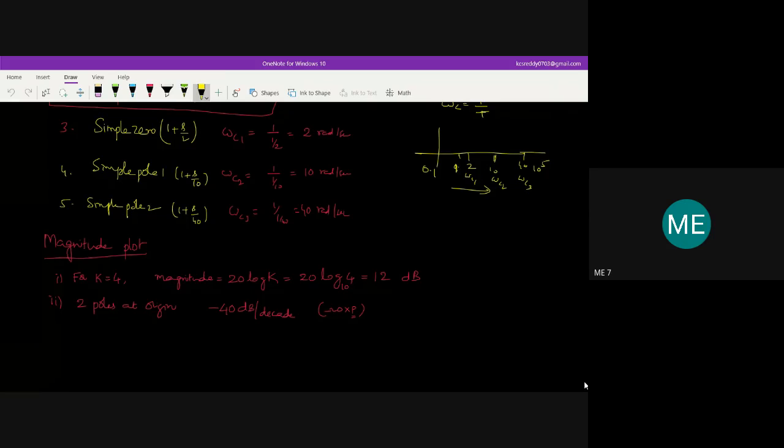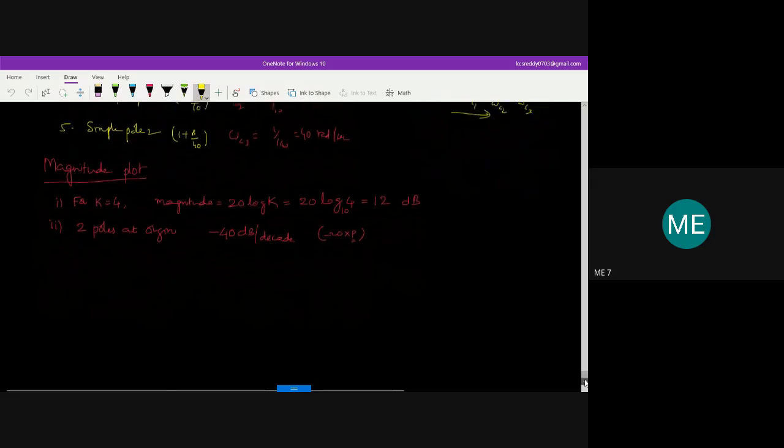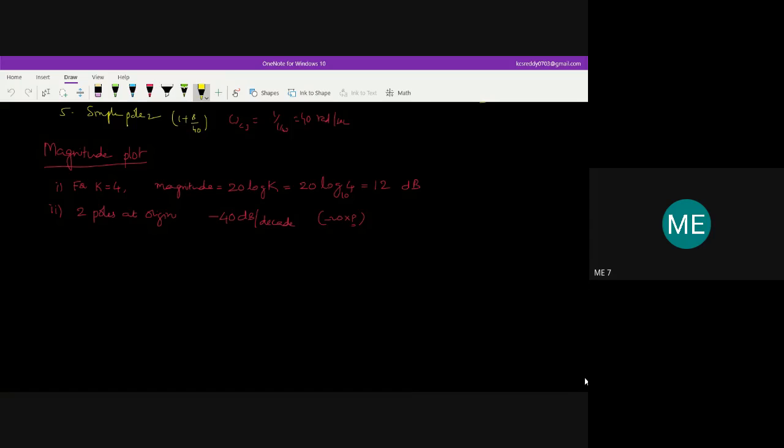So in the initial Bode plot, we'll draw these two factors. See here, the initial Bode plot is drawn like this.